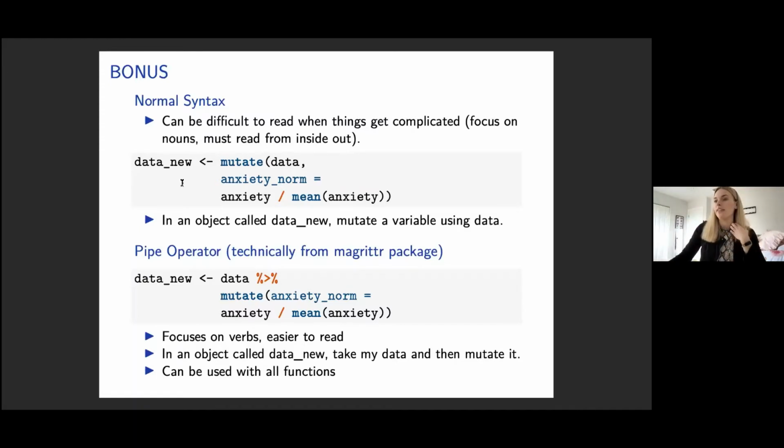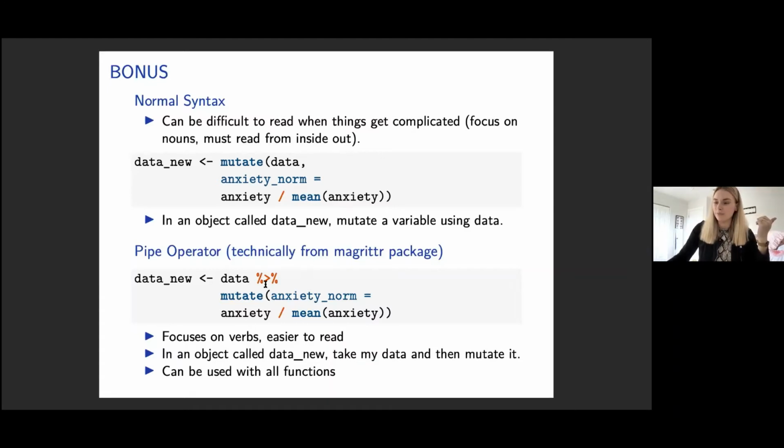Basically this says, in an object called data new, mutate a variable using our data frame. But there's this really cool thing called a pipe operator, which is technically from a different package, but when you load Tidyverse, it is included with the other packages it installs.